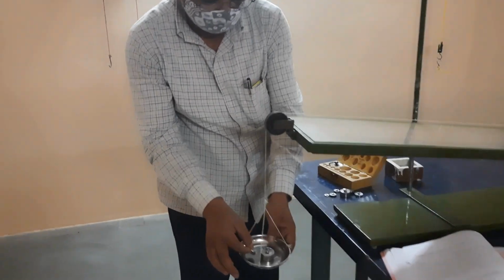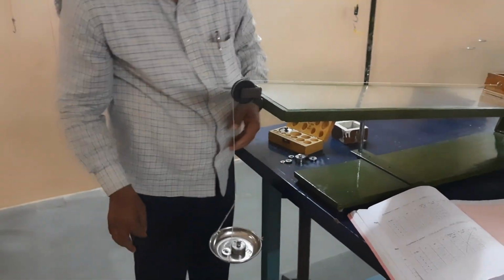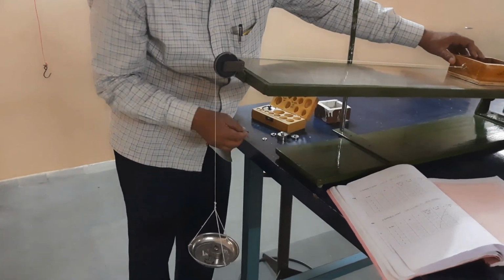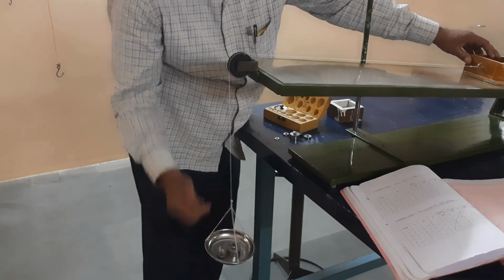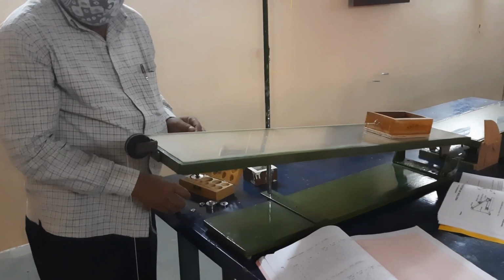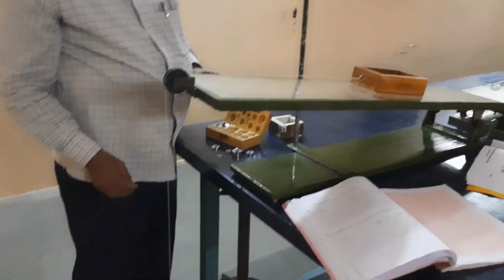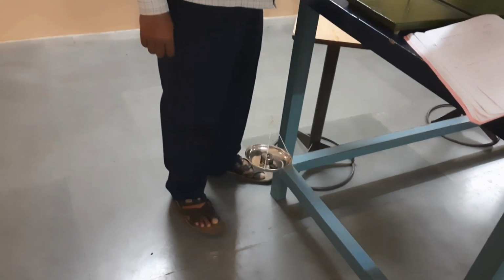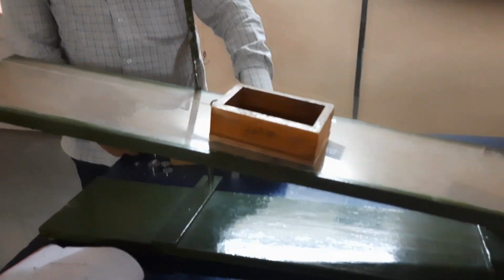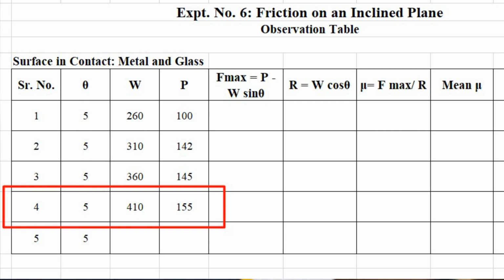Then again we are measuring how much effort is required. 110 plus 45, the weight of the pan, the total is 155. So for 410 gram weight, effort is 155 gram.